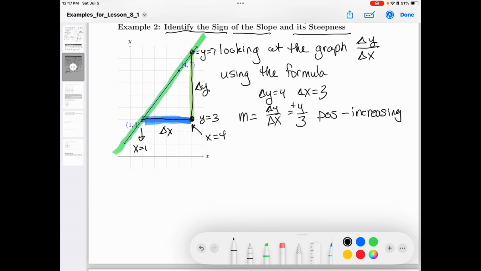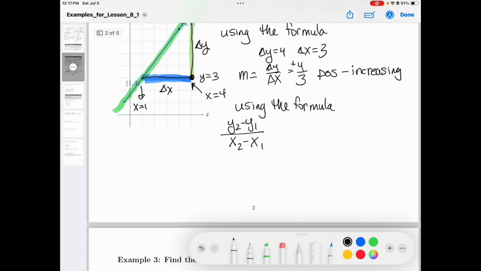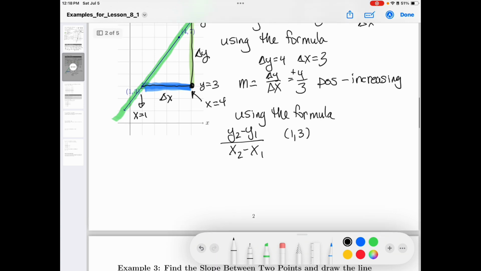Now, if we do it using the formula, remember that's y2 minus y1 over x2 minus x1. So if we use the points that are on there, 1, 3, and 4, 7, I'll label this as x1, y1, x2, y2.